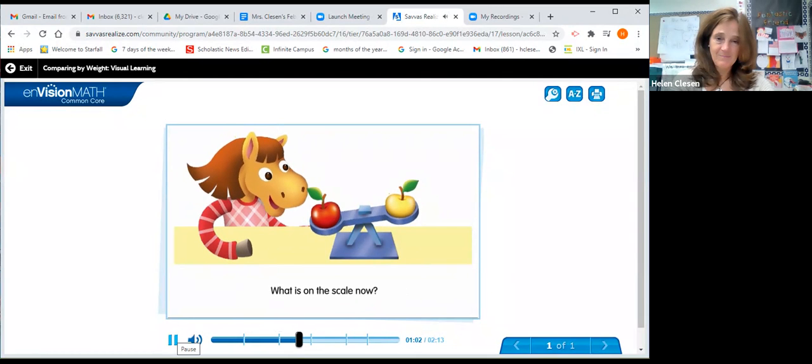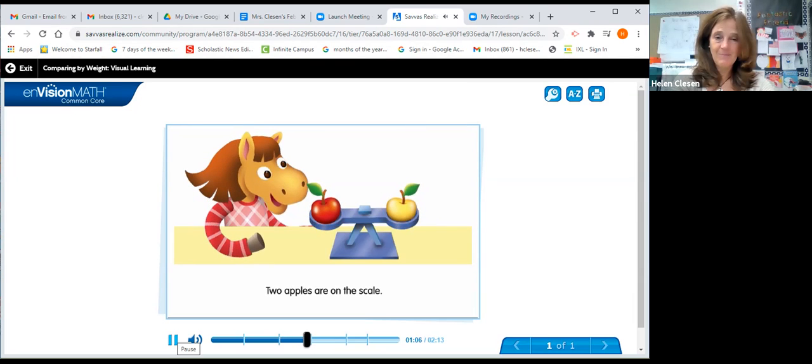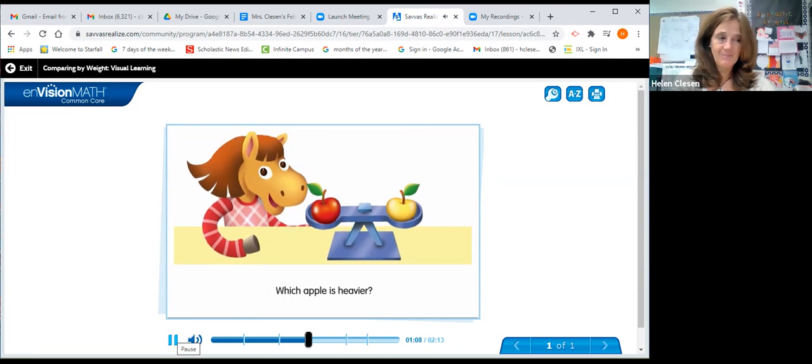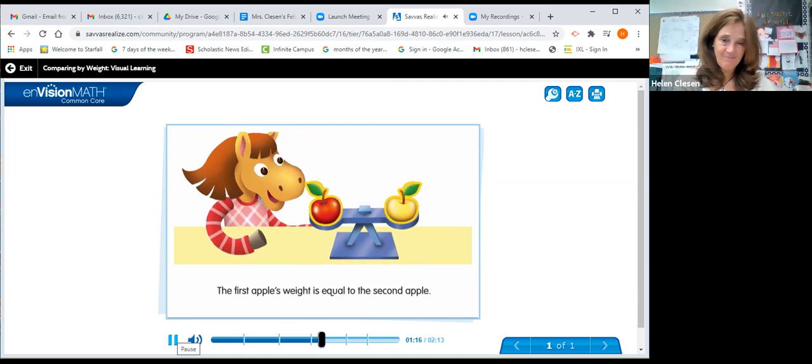What is on the scale now? 2 apples are on the scale. Which apple is heavier? I think they might be about the same. What do you think? Neither is heavier. They weigh the same. The first apple's weight is equal to the second apple.